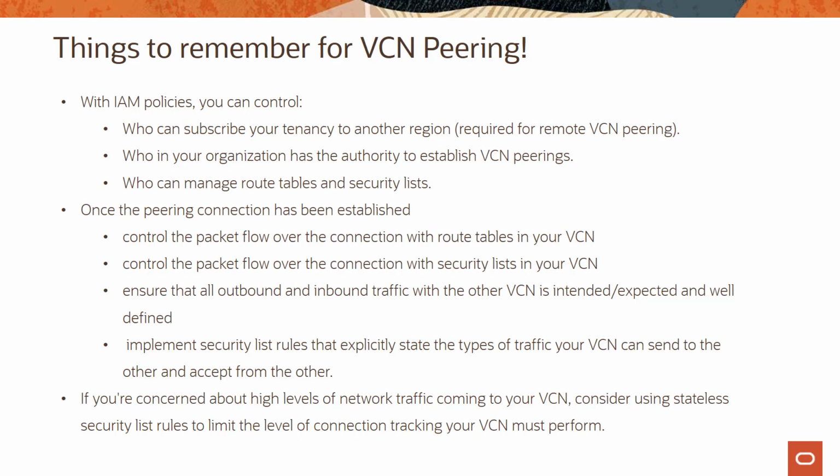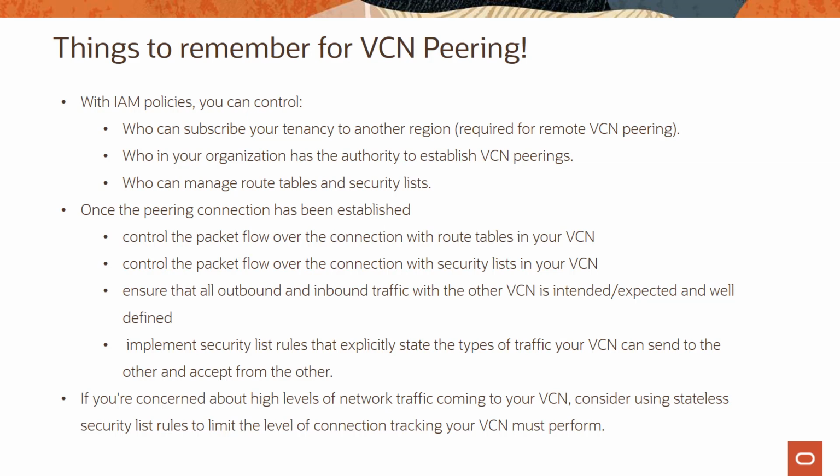Also, you can't necessarily control whether the other VCN is connected to the internet, and if it is, then be aware that your VCN can be exposed to malicious attacks in which a bad actor on the internet can send traffic to your VCN but make it look like it's coming from the VCN you are peered with.